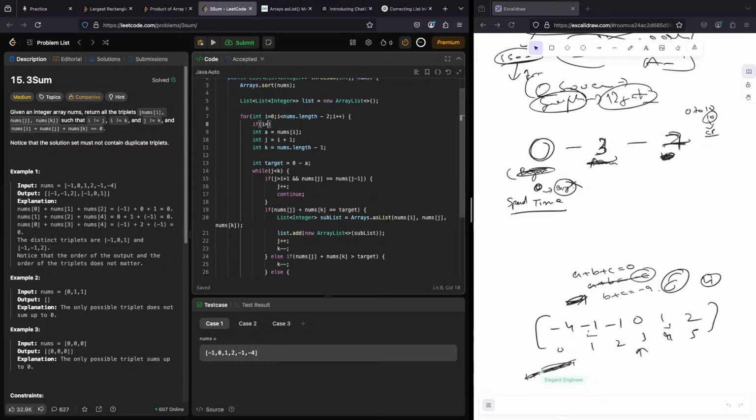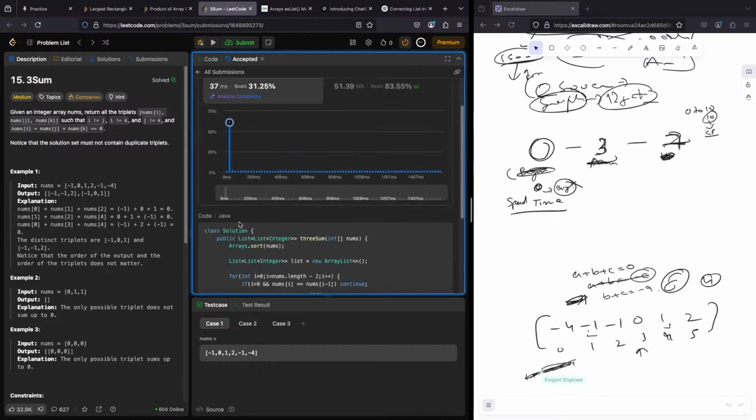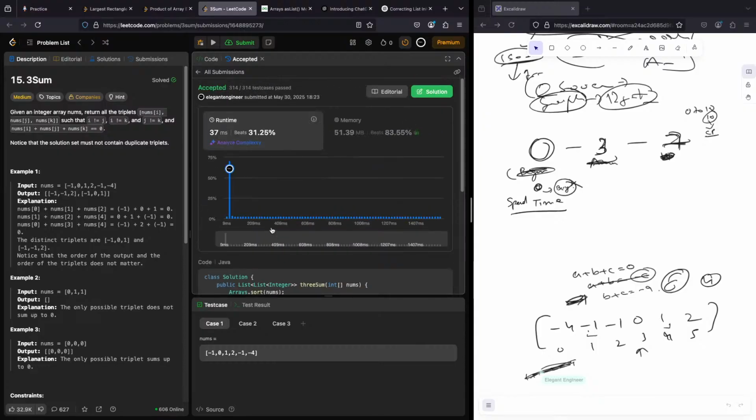If I is greater than 0 and nums of I is equal to nums of I plus, because if your two elements are same, then here you are checking whether your J is same. That makes sense. Let's see. Yeah, that was the mistake. Cool.